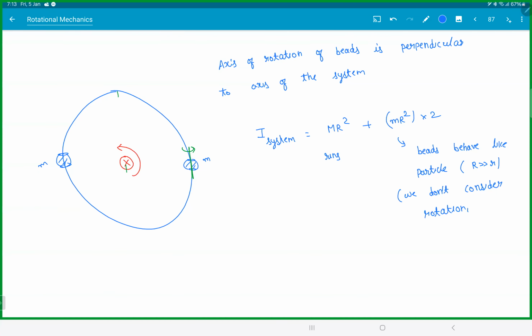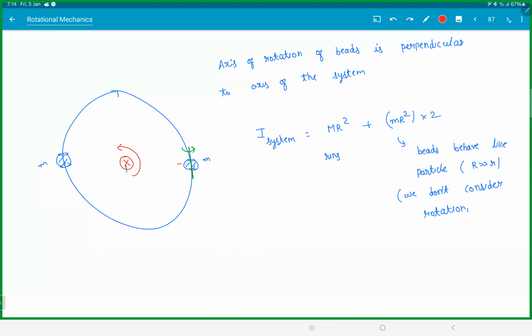Are you getting the catch? Whenever you add moment of inertia, first make sure, because when it rotates this way, this is 2 by 5 r square, right? Can the bead rotate like this? It has to break and come outside then. It can't rotate that way. So for the bead, this rotation is restricted. Bead can't rotate perpendicular to the plane. Clear?